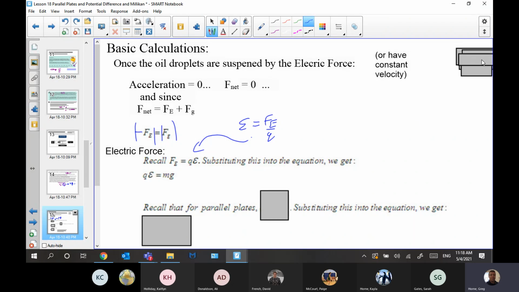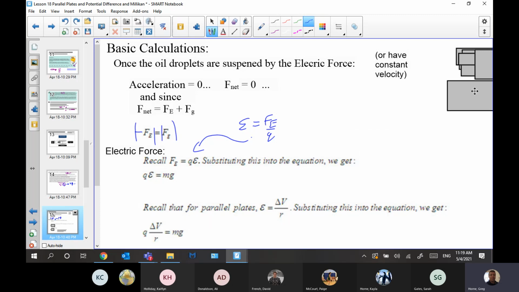So we've got Q times curly E is equal to mg. Fairly easy substitutions as we go through the ideas of this. Then you're like, ooh, I remember from parallel plates that curly E is delta V over R. So we've got Q delta V over R now, right? This is just curly E plugged in.